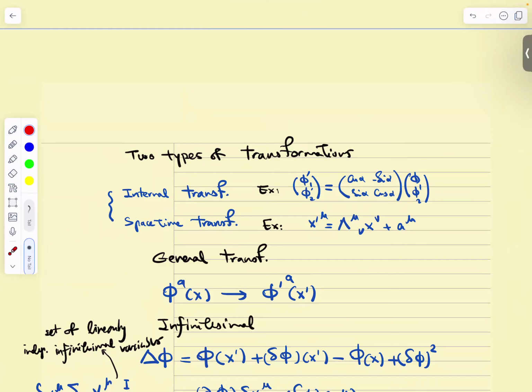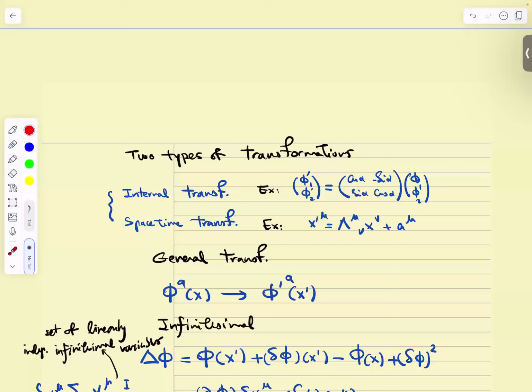We're going to be interested in a set of transformations of the field. There are two types of transformations we could do. We could do internal transformations. These are transformations in that label A, phi A, right? For example, you could at every point rotate. You might have two fields at every point and apply a rotation in between these two fields at every point in space, such that it doesn't depend on space, right? This is an internal transformation.